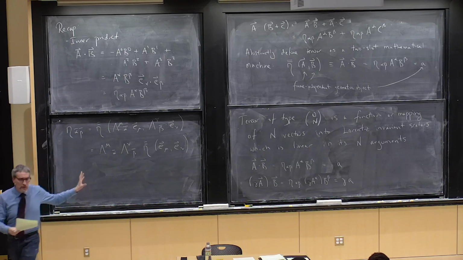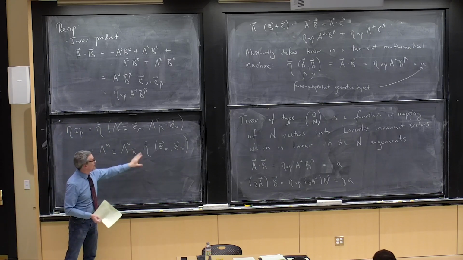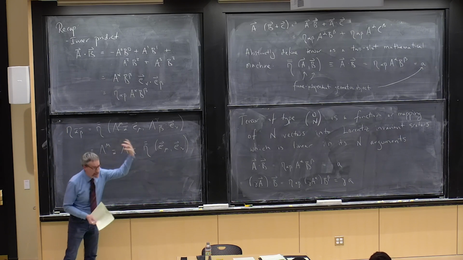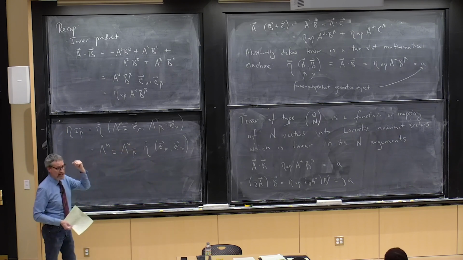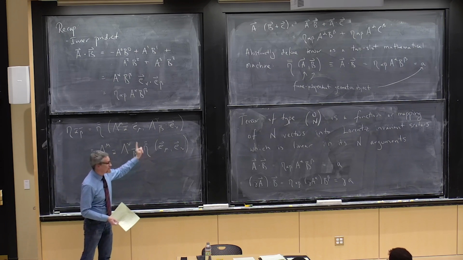this just becomes those two Lorentz transformation matrices acting on the abstract metric tensor with the unbarred basis vectors in its slots. And this we already know. Okay, this is, by definition, just eta mu nu.